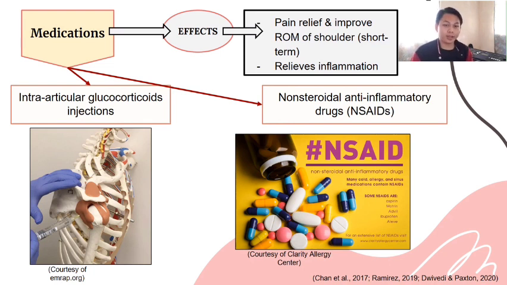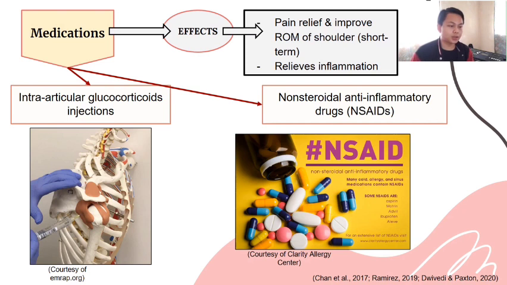Based on the images on the slide, we can see that there are two types of medications that the doctors can give to the patients. These are intra-articular glucocorticoid injections and also non-steroidal anti-inflammatory drugs, also known as NSAIDs.